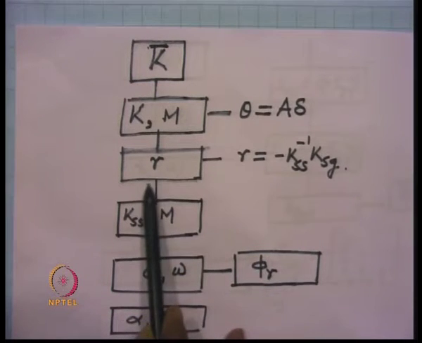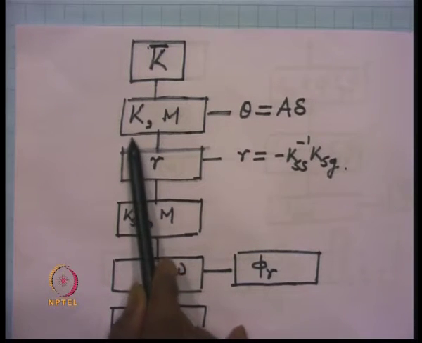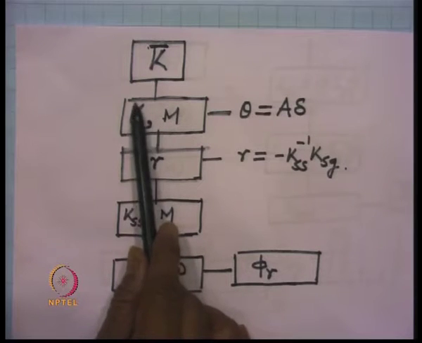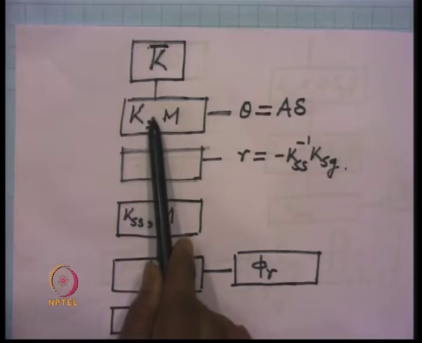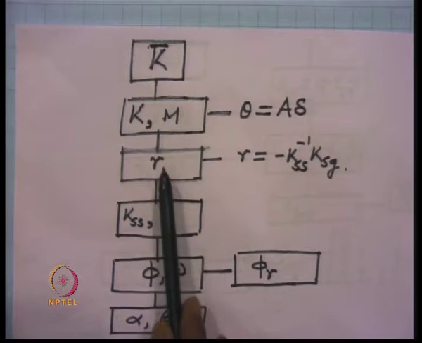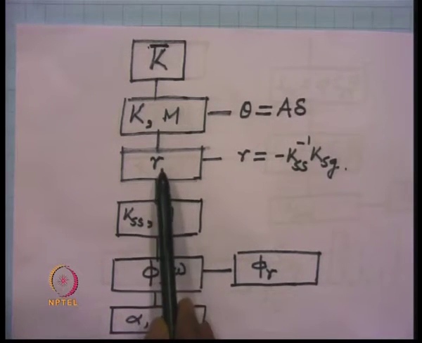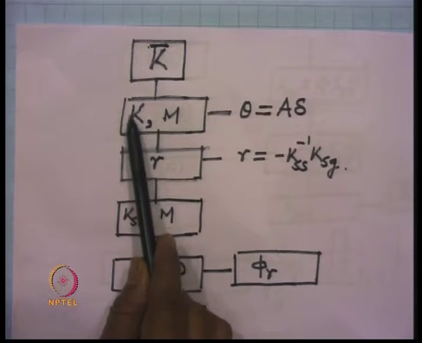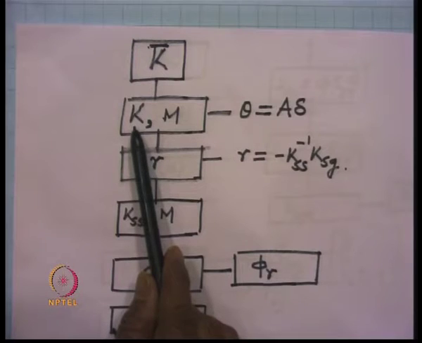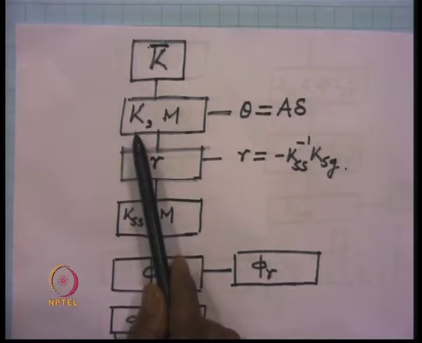Next, once we obtain the stiffness matrix corresponding to all displacements, then we obtain the R matrix. If it is a multi-support excitation case, then in this K matrix we also consider the degrees of freedom at the supports, that is the translational degrees of freedom at the supports in the sway direction.